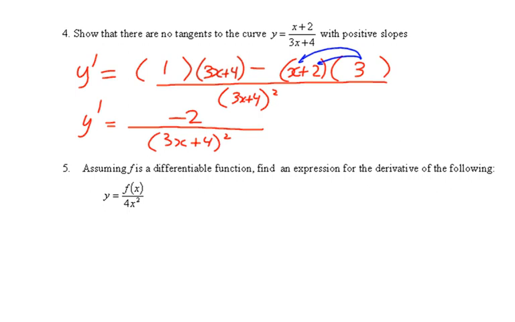I'm going to make a bold statement about this derivative. I want you to focus on this derivative. Are you looking at that derivative? Here's the statement. That derivative is always negative. Why is that true? It's true.